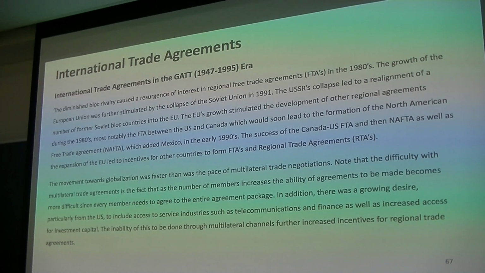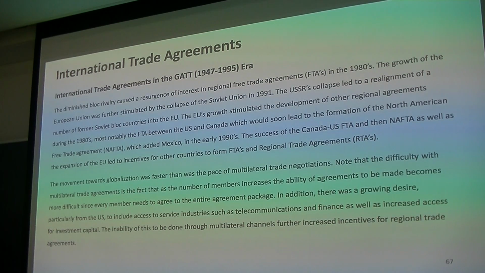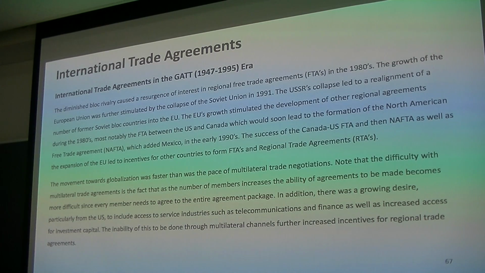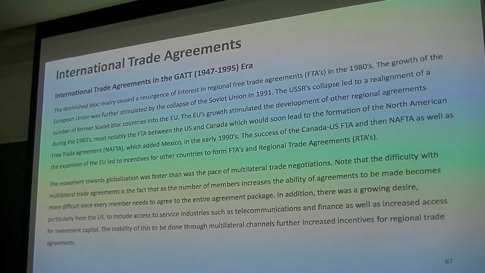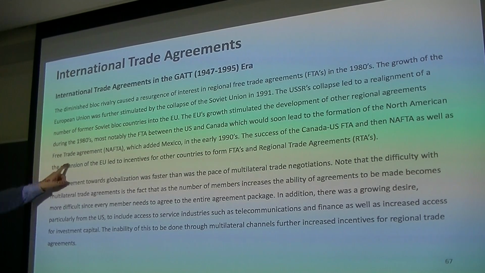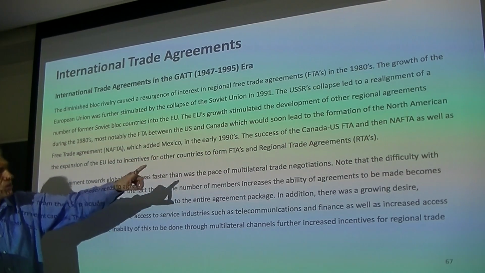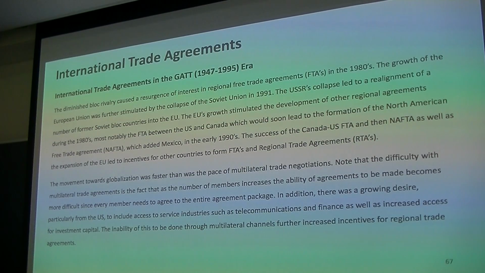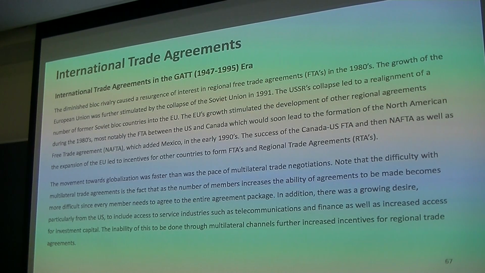It was between Canada, the United States, and Mexico. They added Mexico in the early 1990s.